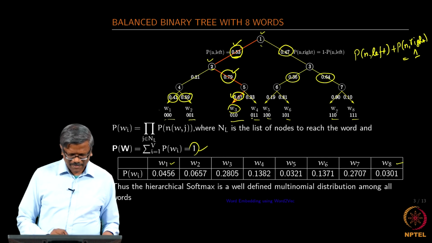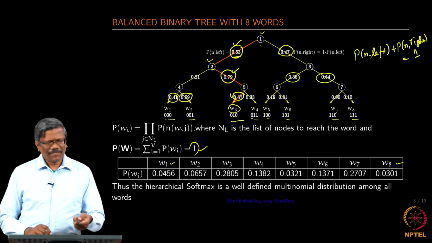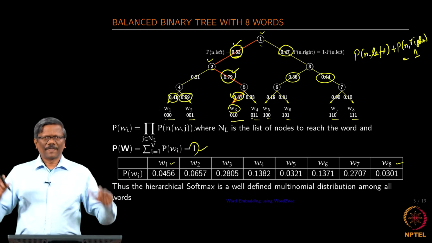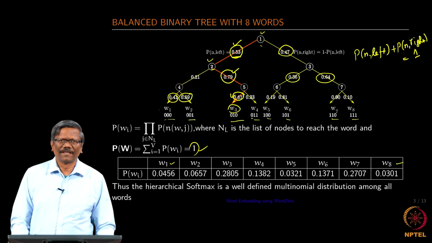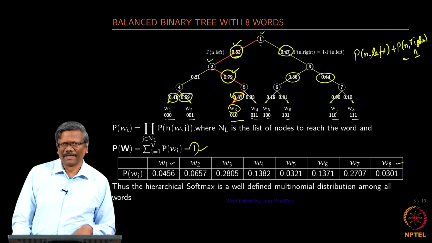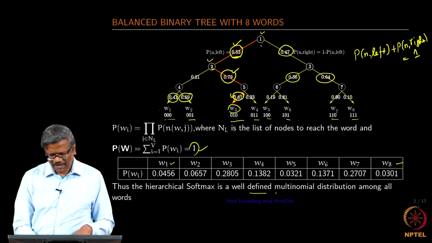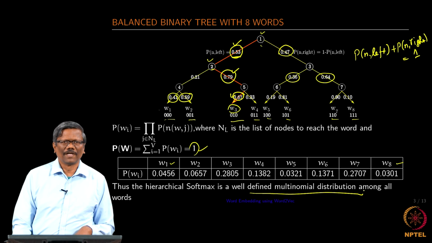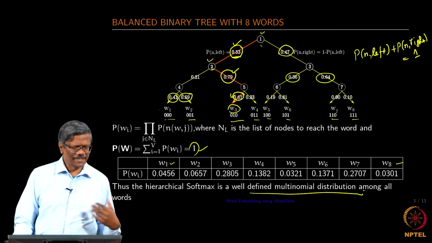Okay. So, instead of the one depth softmax layer, now we have a hierarchical softmax layer, and it is defined by the multinomial distribution among all words.